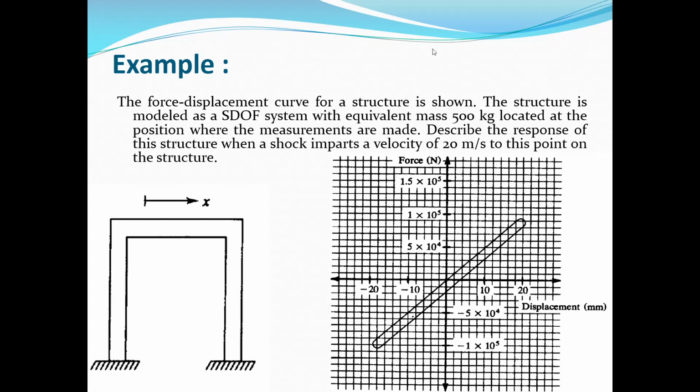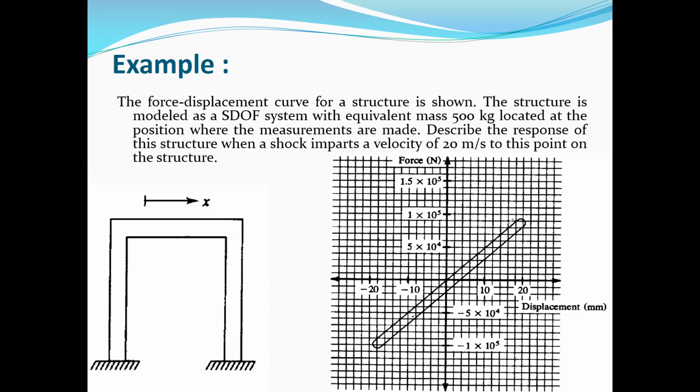Here, if you look at this curve, this is the force displacement curve. We can estimate the area enclosed by this curve by counting the number of squares or rectangles, and then we can calculate the total area enclosed by this curve.